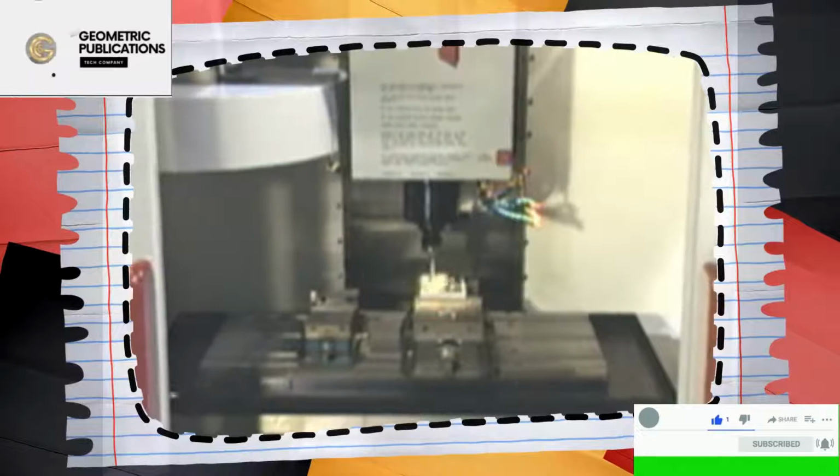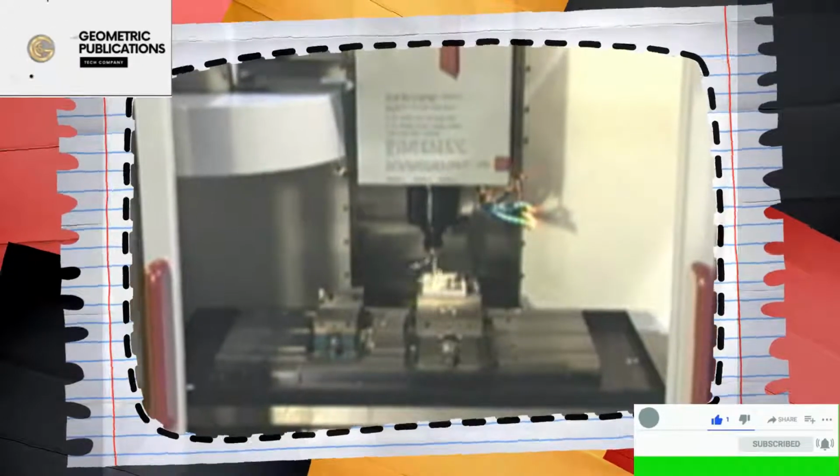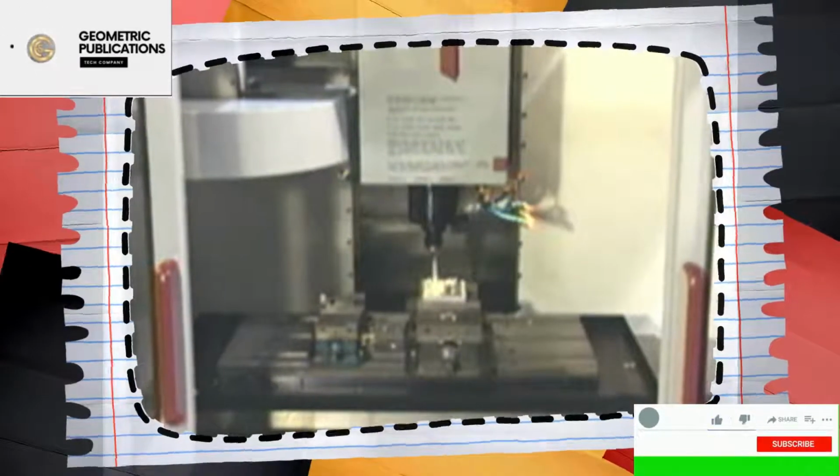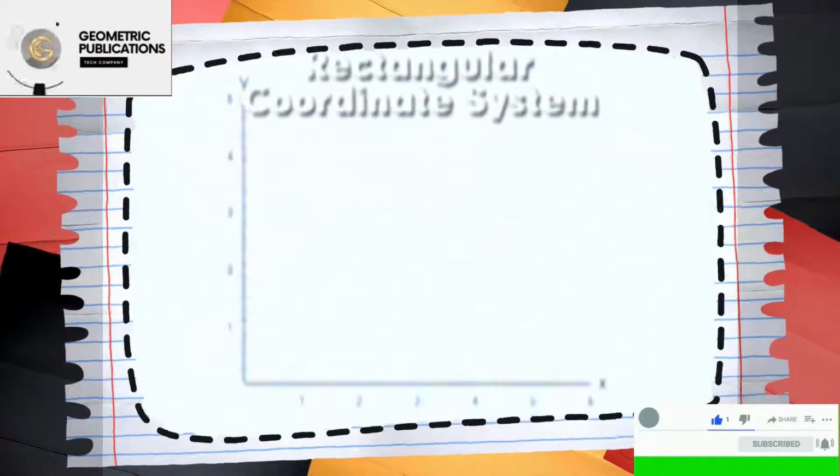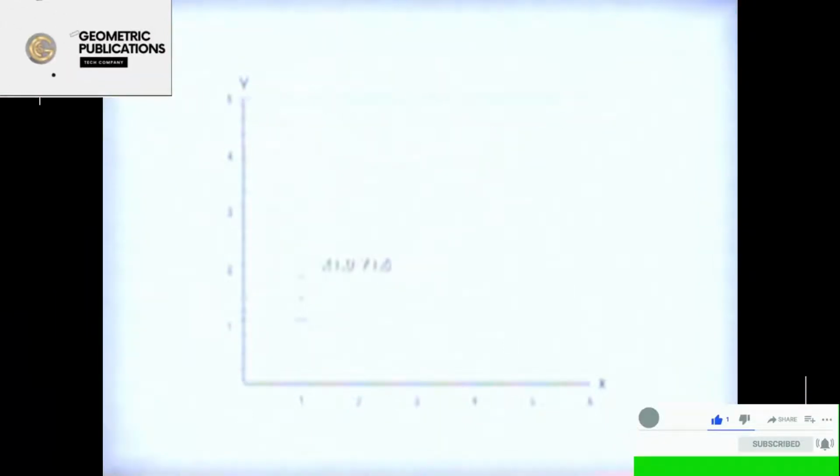The method of accurate positioning along each axis for all machine types is achieved using the rectangular coordinate system. The rectangular coordinate system allows the mathematical plotting of points in space called coordinates among two or more machine axes. Each coordinate is an actual physical location that the machine is instructed to move through.